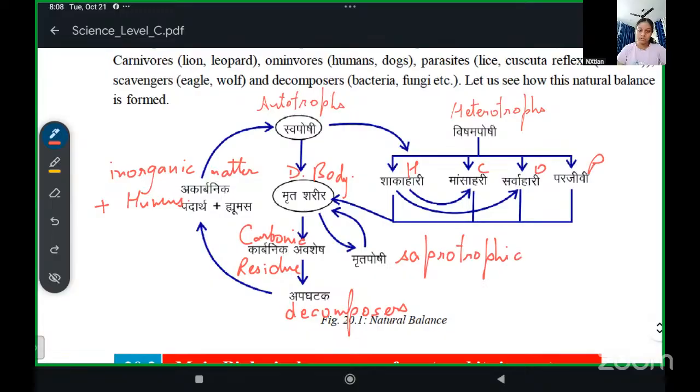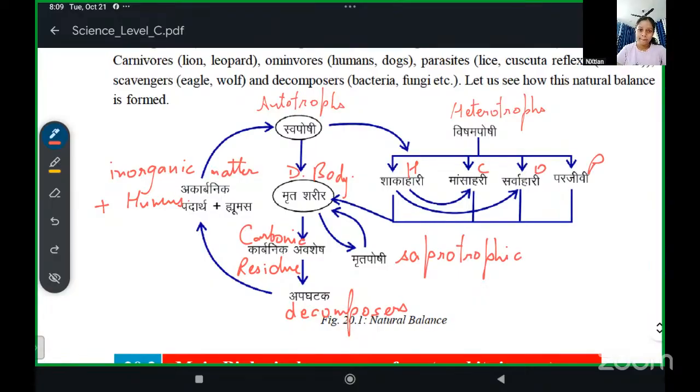saprotrophs. Decomposers we know. I'll also tell you how saprotrophs work. Saprotrophs are also organisms that obtain nutrition from dead and decaying organic matter such as bacteria and fungi.